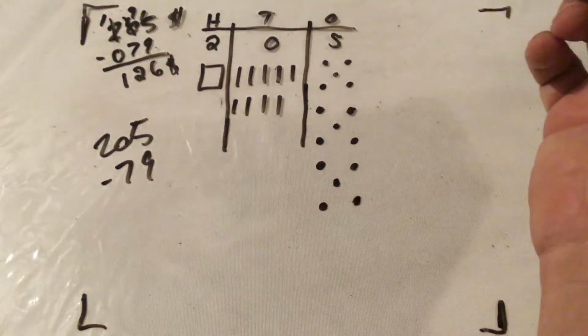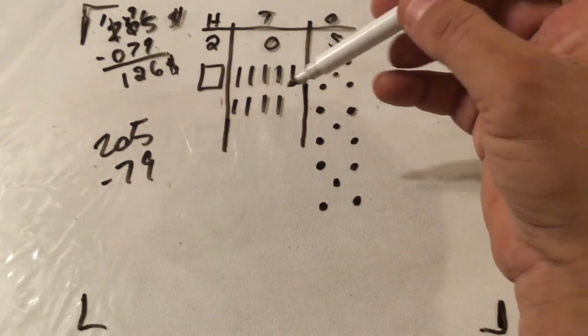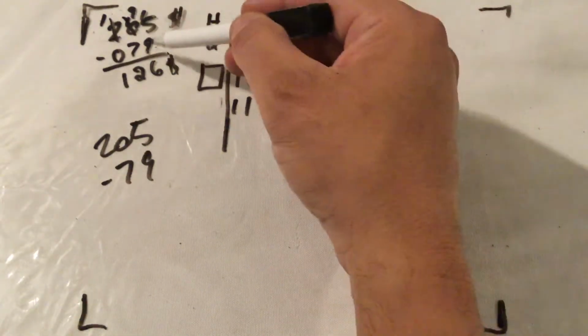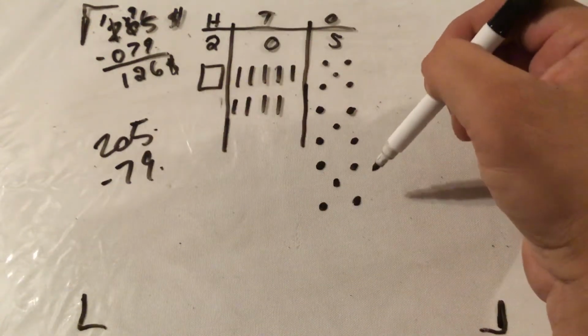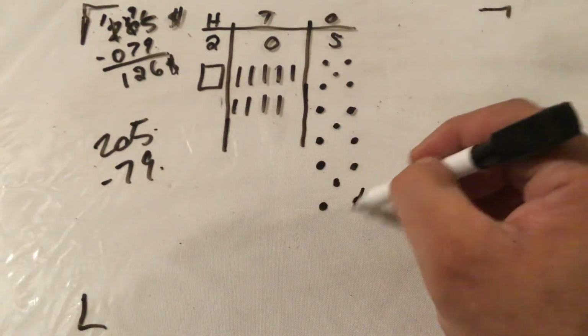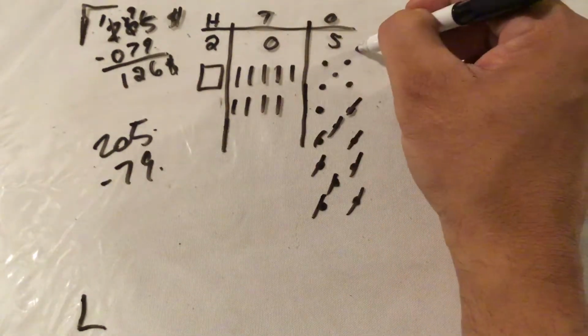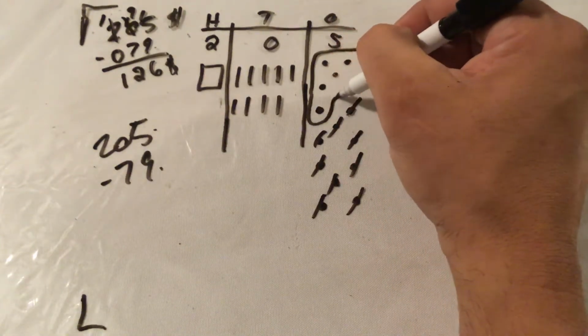Okay, so the problem is she spent $79. So 79, so that's 9 ones out of the 1 spot. So we take 9 away. 1, 2, 3, 4, 5, 6, 7, 8, 9. Then you circle what's left.